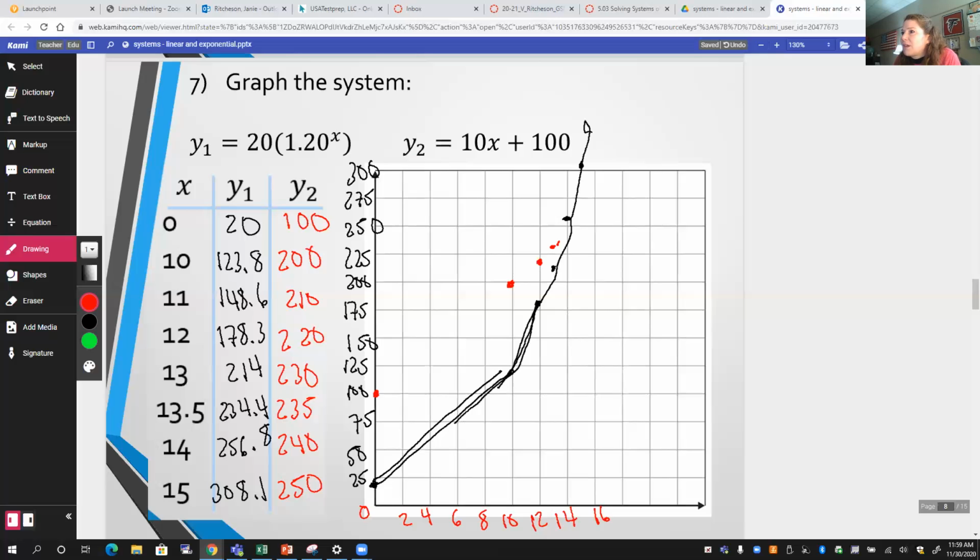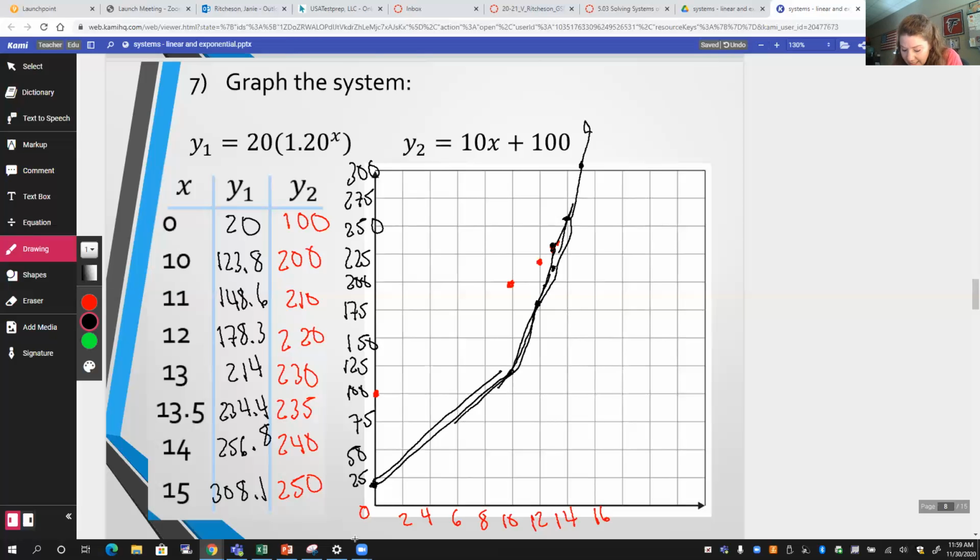Why are these so far off? This one's too low, isn't it? That black one should be up here. This is not right. Anyway, I messed this up.